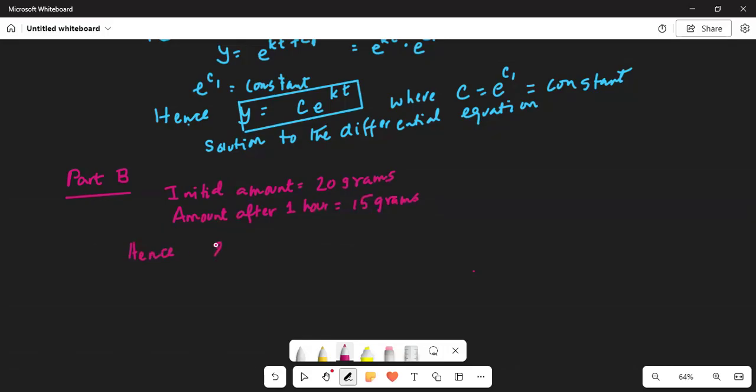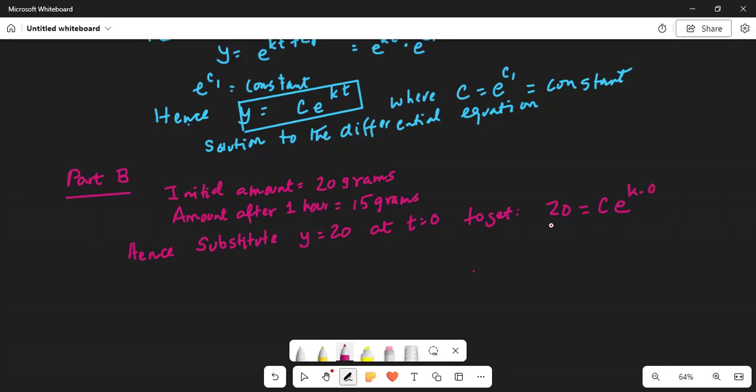So let's erase this. Okay. So substitute y equal to 20 at t is equal to 0 to get, what do we get? 20 is equal to c e to the power of k times 0.